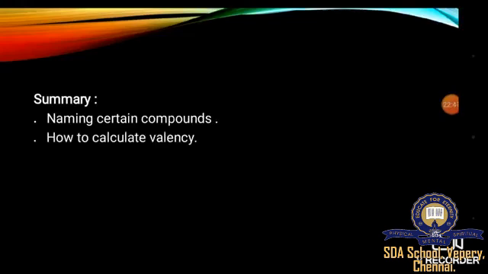Then we have seen how to calculate the valency. First we have to write the given formula. Then we have to interchange the subscripts. Then we have to multiply the known valency with the unknown valency. Then at last, as a result, we will get the valency of the other unknown element.